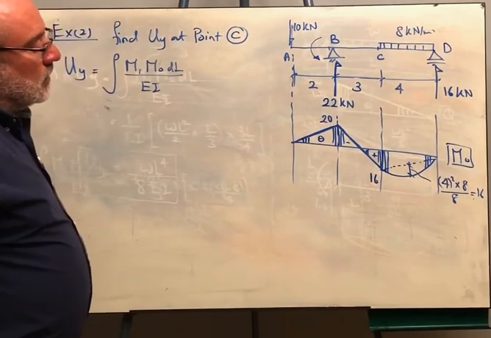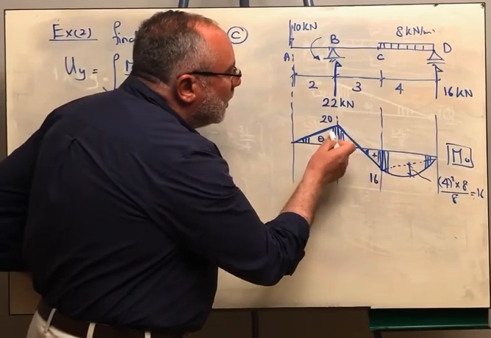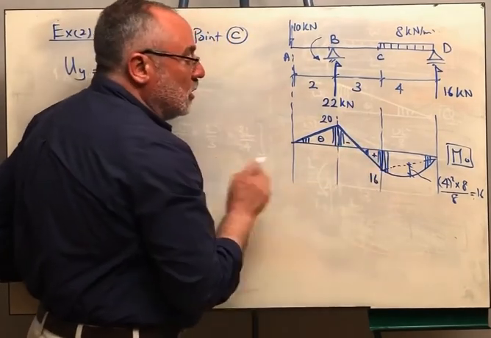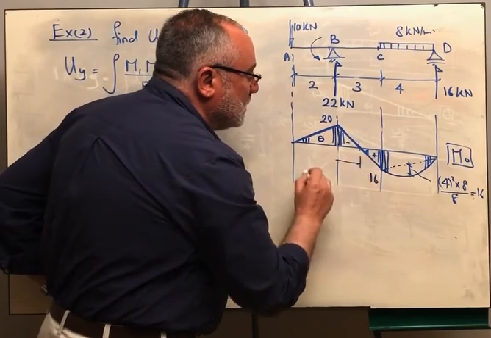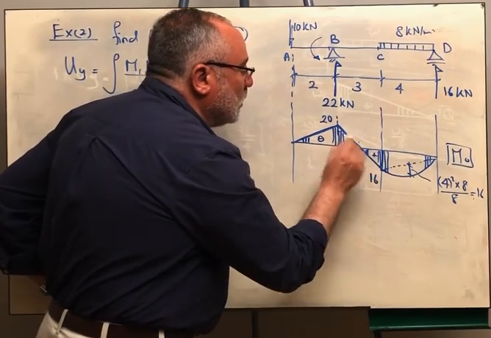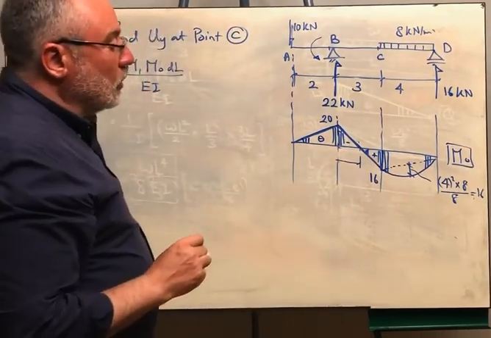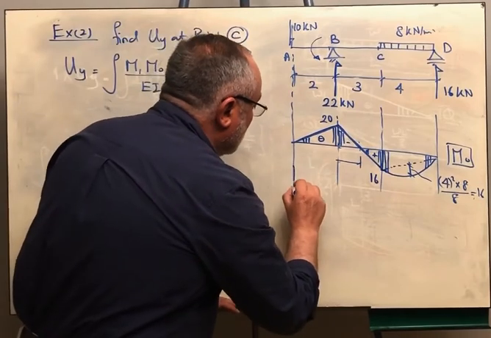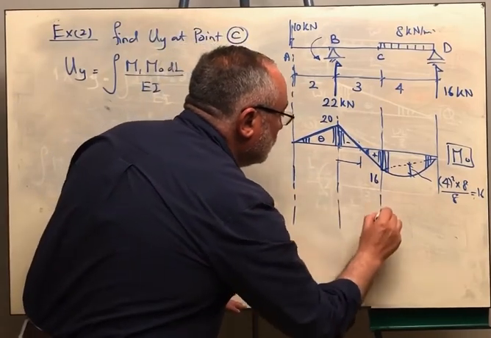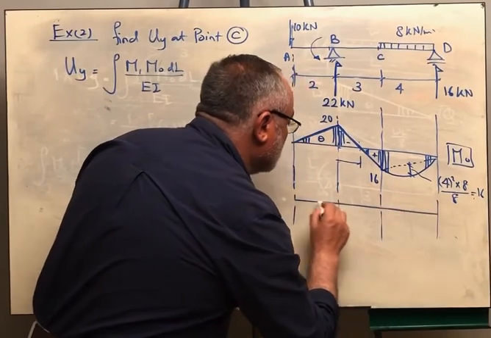Take care. Now we can live with this shape, but maybe we want to simplify a little bit this part. Because if we leave it this way, we have to get this point by similarity, and we have to get the area of this portion and the area of this portion and the location of the centroid of each part. You can decompose this and you can draw the bending moment.